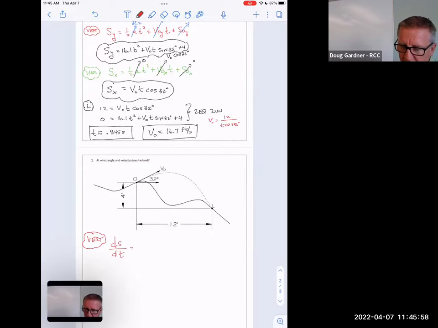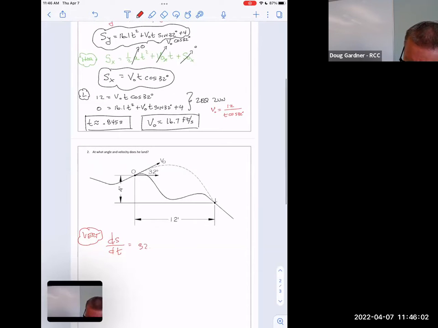So derivative of 16.1 t squared, doesn't the 2 multiplied by 16.1 give you 32.2, and then the t squared reduces to t. And then v0t, the derivative of that is just v0. Isn't that what the equation said on the other page?